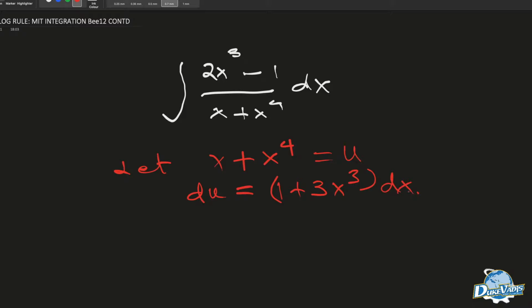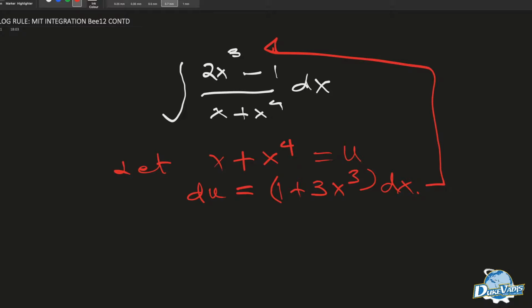And if you look at the equation, the numerator is 2x cubed minus 1. Well, there's no similarity.